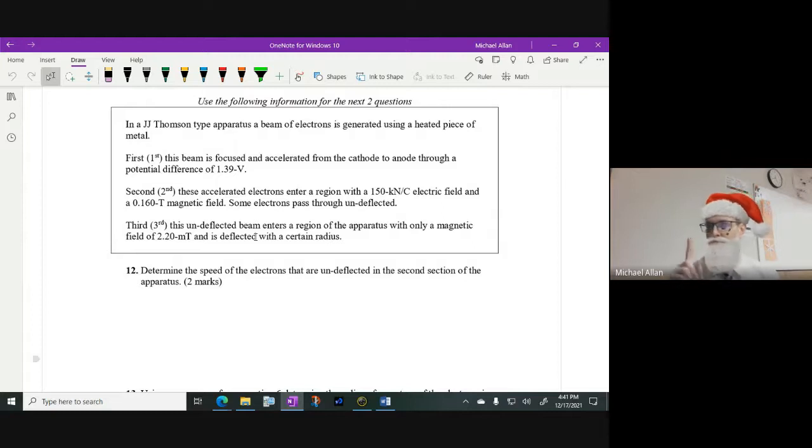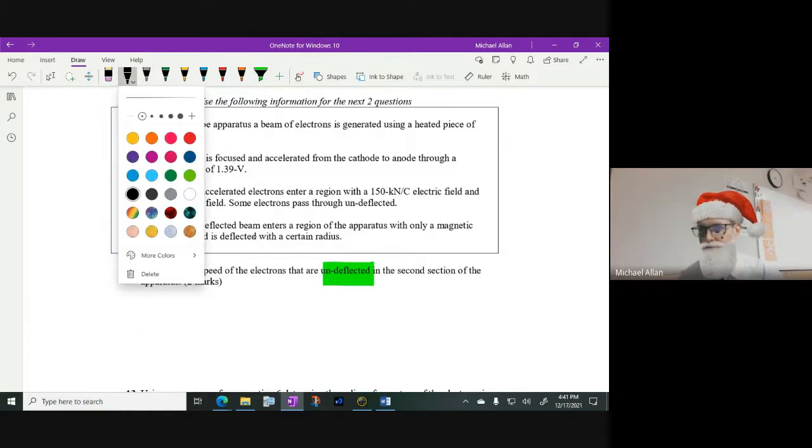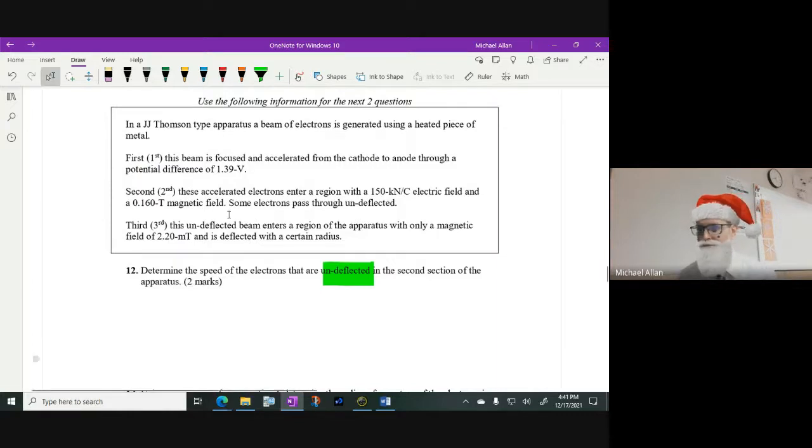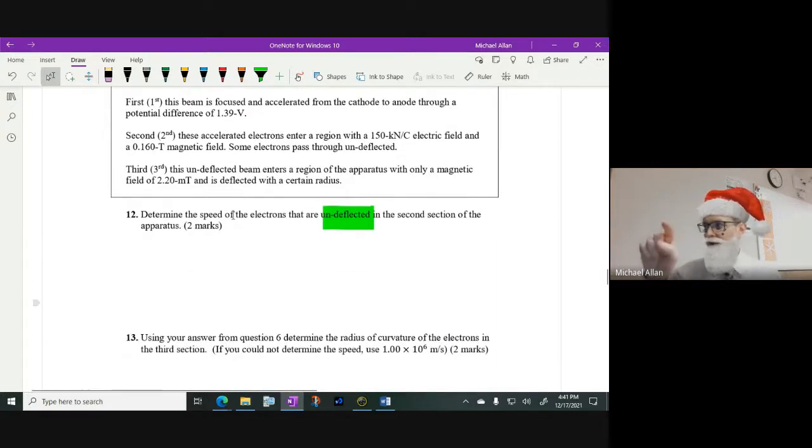So the second part, the undeflected part, the keyword is undeflected, right? It's coming along, it's going too slow, it goes up, it's going too fast. But if it's going straight through, it means I'm going to have 2 forces here. One force is caused by the electric field, which they give you, is 150,000 joules.